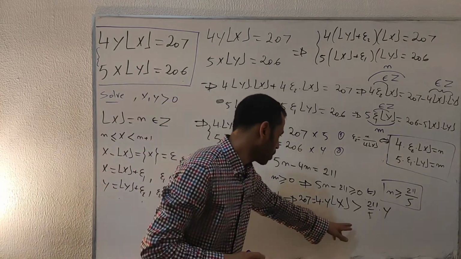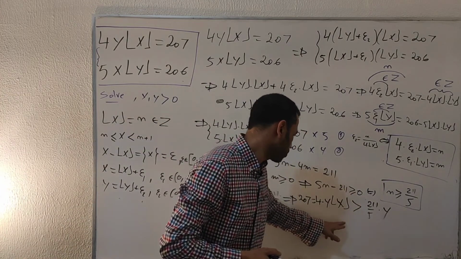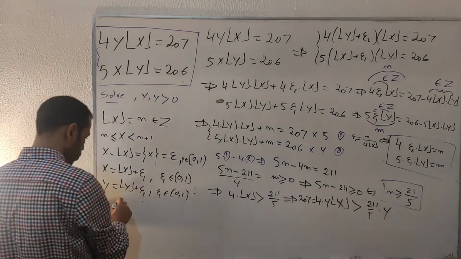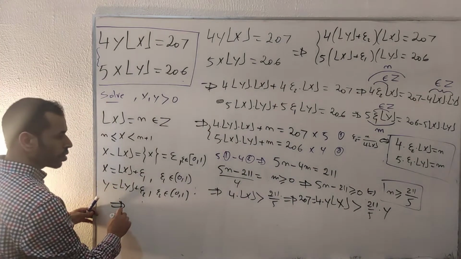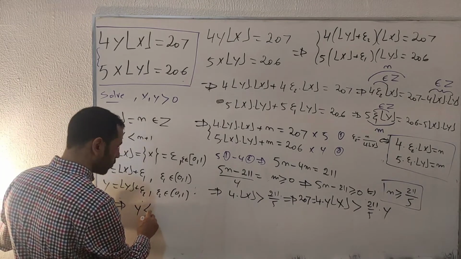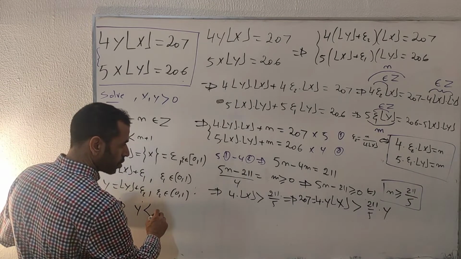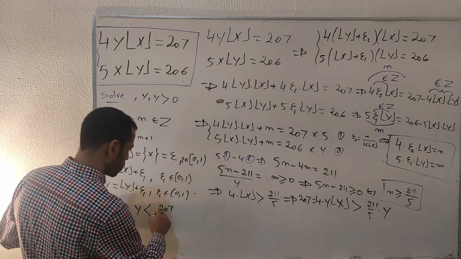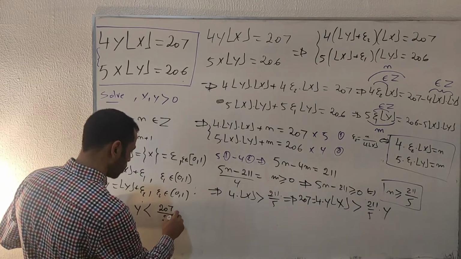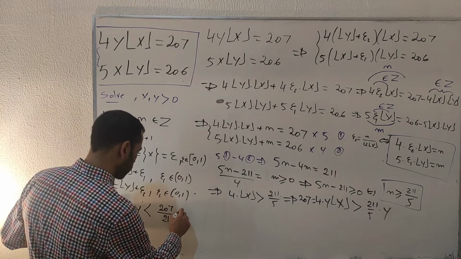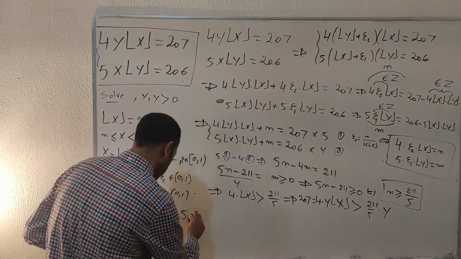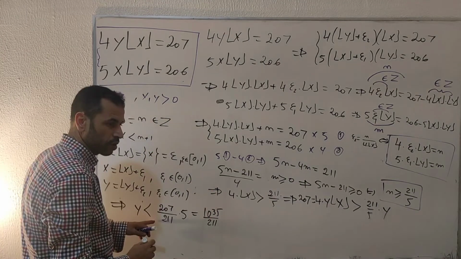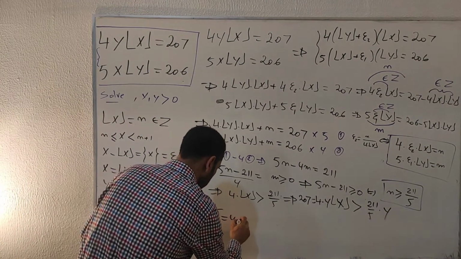What I'm going to do now is flip this inequality and multiply both sides by 5 over 211. So I get y is strictly inferior to 207 divided by 211 multiplied by 5. This gives us 1035 divided by 211, which is 4.9 something.